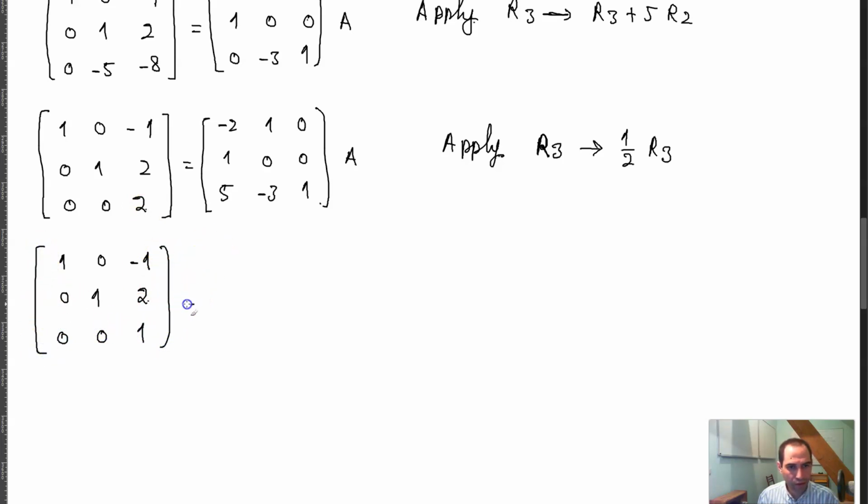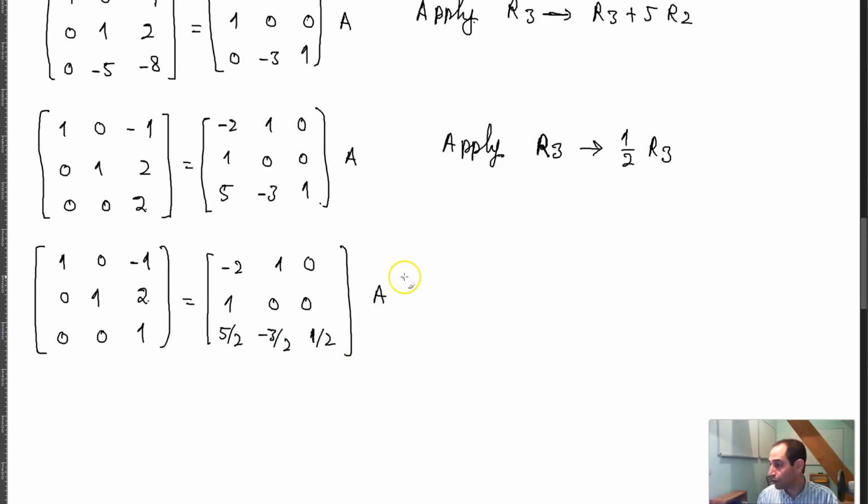And again, I will do the same thing over here, -2, 1, 0, 1, 0, 0, half of 5 is 5 halves, half of -3 is -3 halves, and 1/2, and times 8.